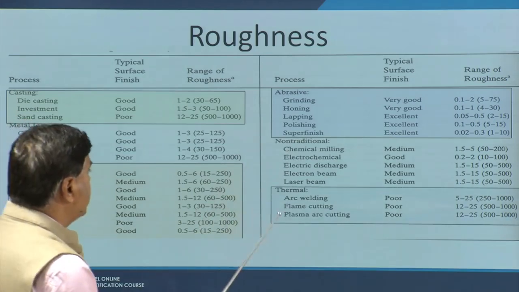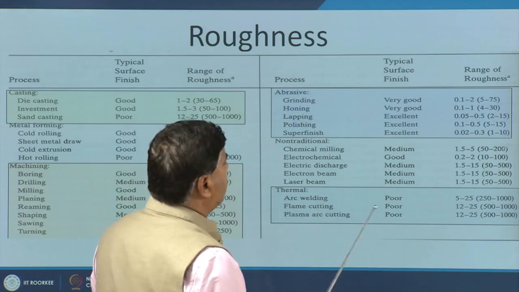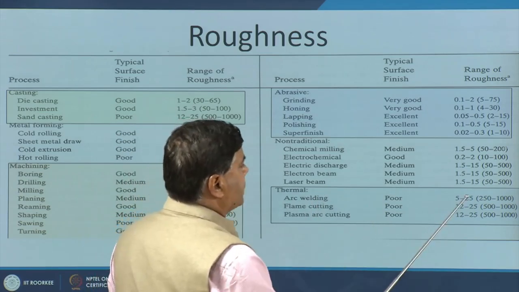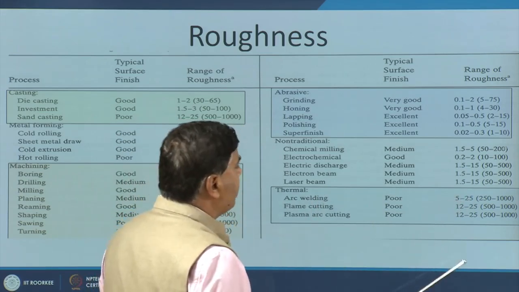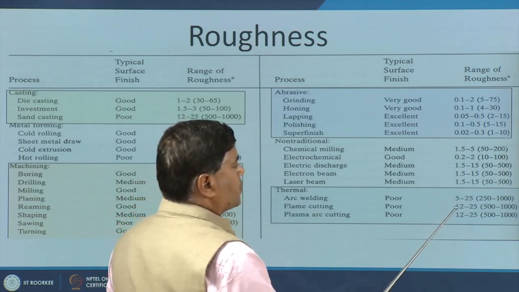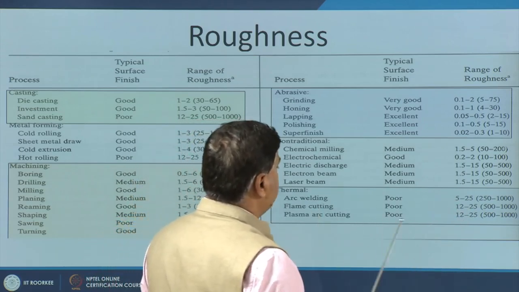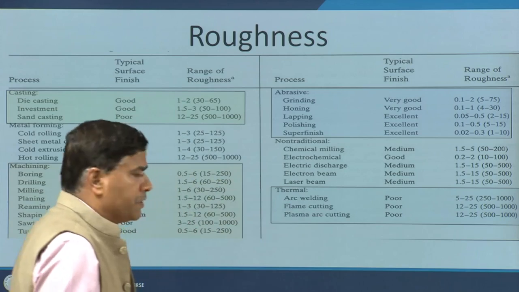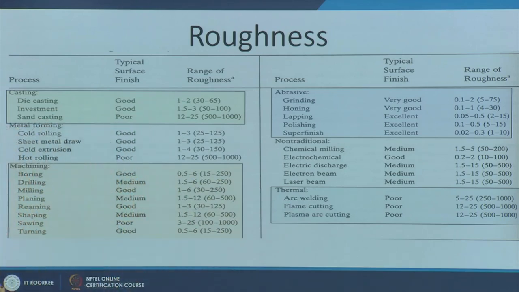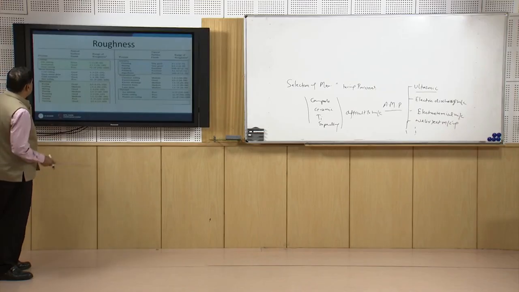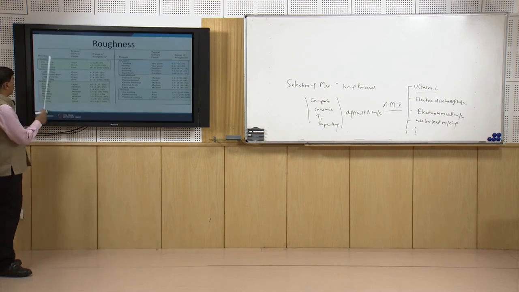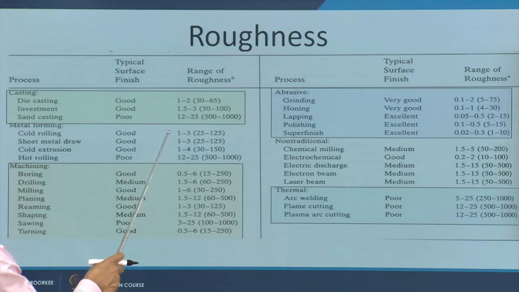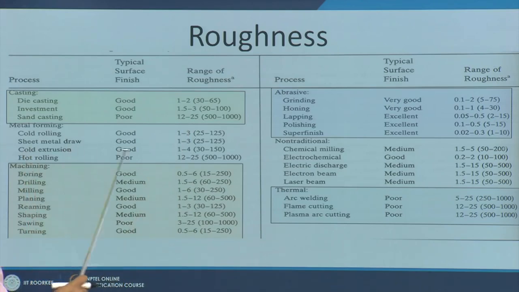On the other hand, thermal cutting offers very rough surfaces like 5 to 25 Ra, flame cutting offers 12 to 25 and plasma arc cutting offers 12 to 25. So, very rough cut surfaces are produced by thermal cutting methods. If we see the deformation-based processes, cold rolling offers a good finish in the range of 1 to 3 micrometer, and cold extrusion offers 1 to 4 micrometer.